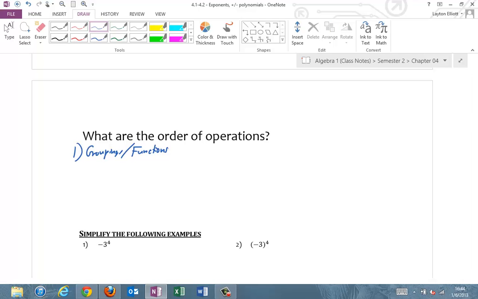Grouping symbols such as parentheses and the numerator and denominator of a fraction bar. We have radicals, which we'll be getting to a little bit later. We have the left and right side of an equal sign. I have these kind of little something equals something else. And inside those dotted boxes, we always want to simplify. Those are groupings.